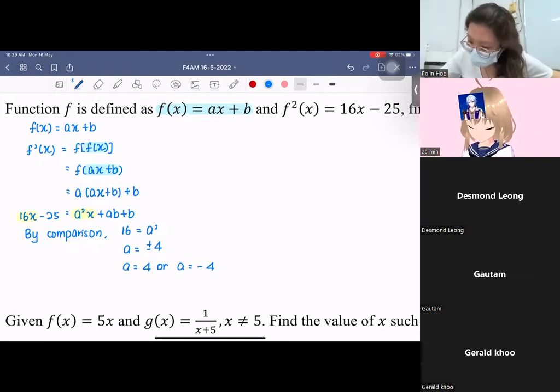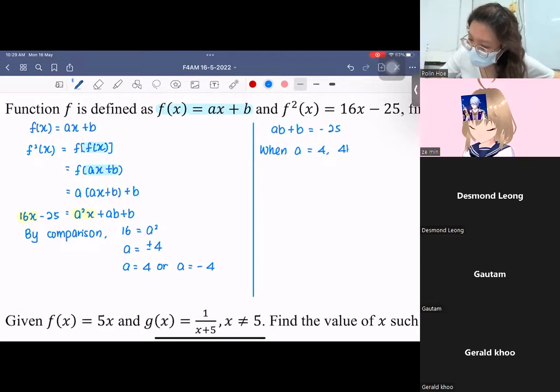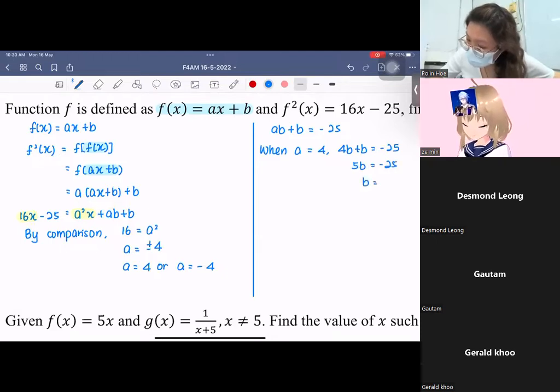After that, the second one, ab plus b equals negative 25. When a equals 4, 4b plus b equals negative 25. 5b equals negative 25, b equals negative 5.